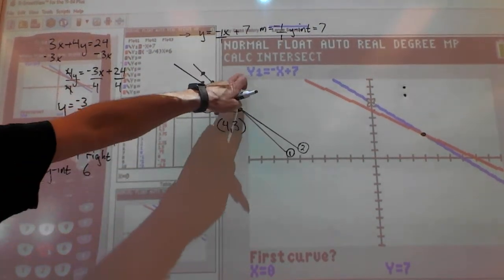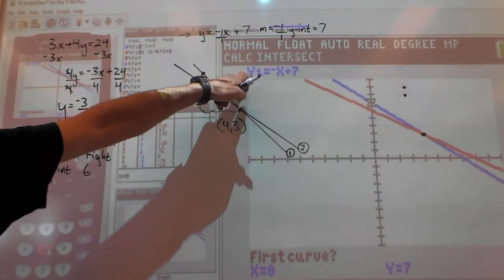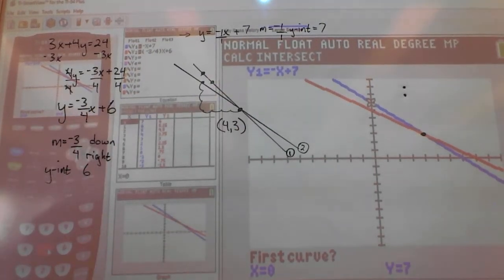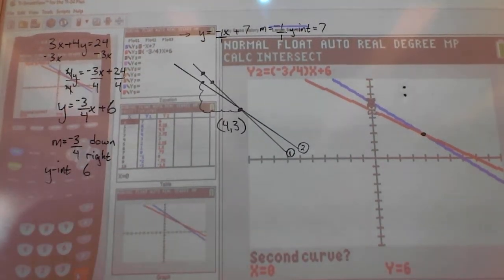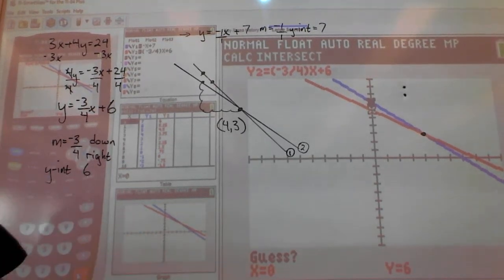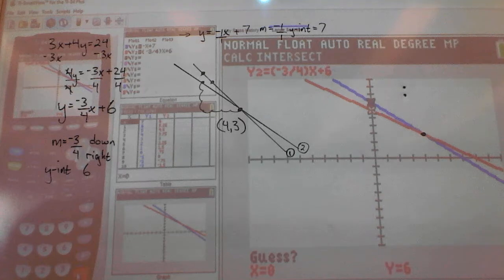So, it tells you, I'm on the first equation here. You say, okay, that's fine, press enter. And then it says, hey, I'm on the second equation now. Press enter one more time. And then it says, shall I guess? And if you press enter a third time, it will.